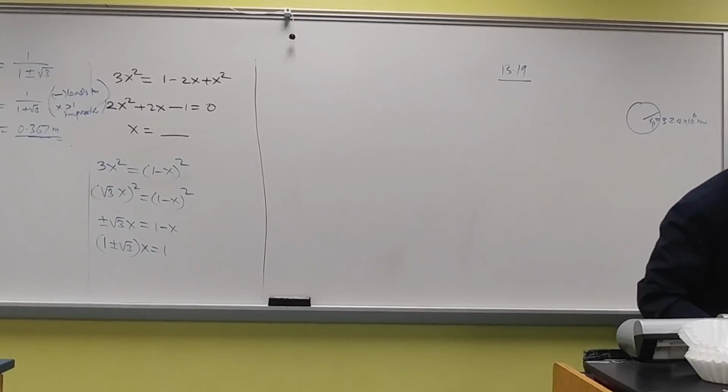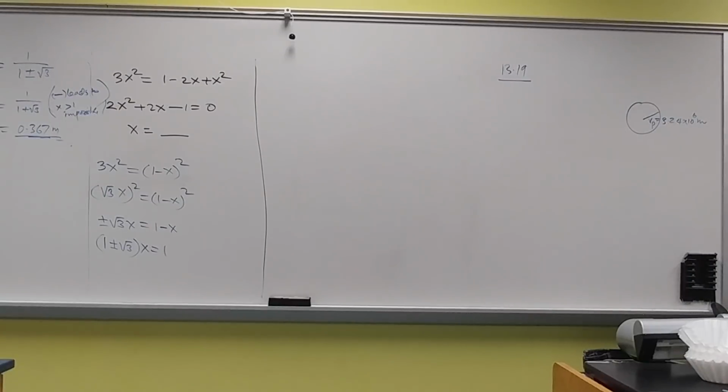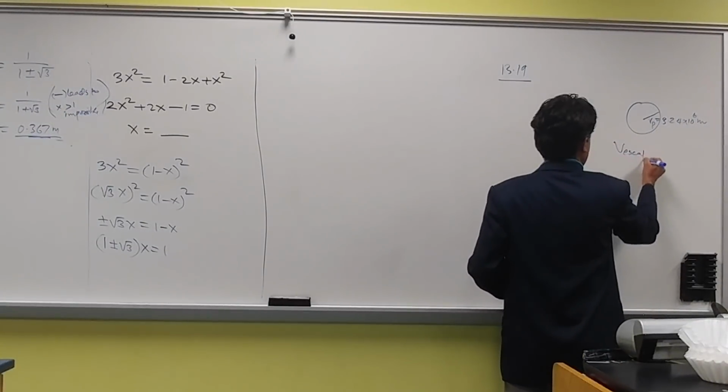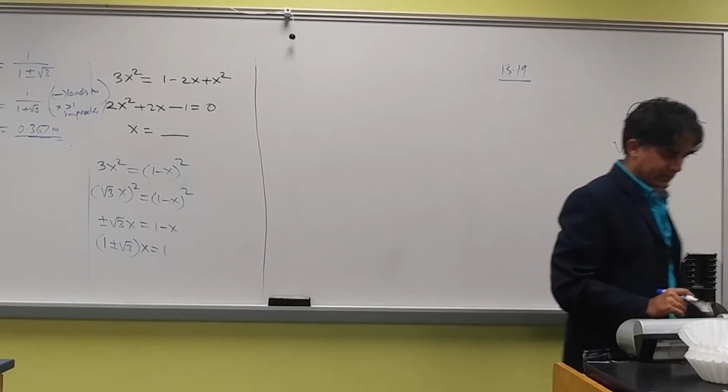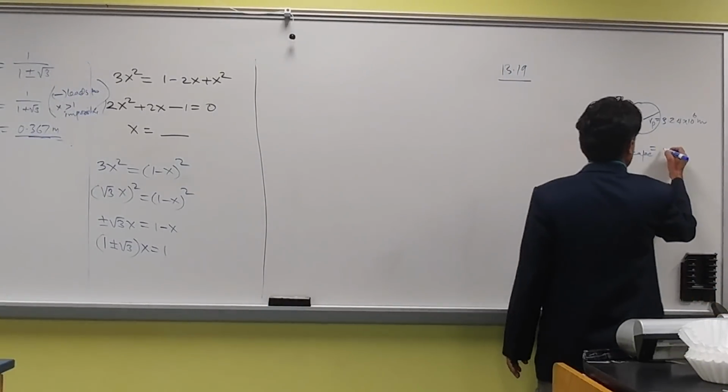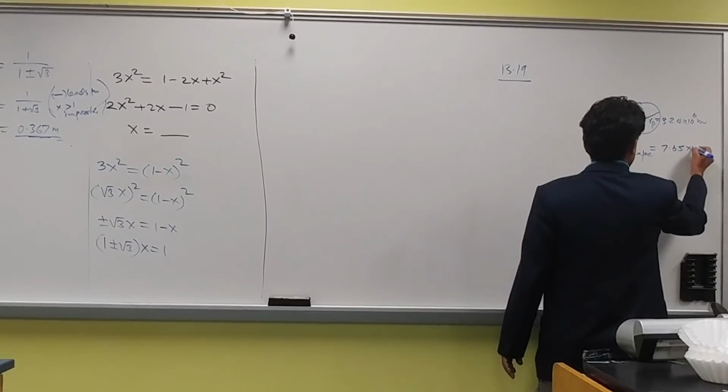Alright, this planet, and then at the escape speed of 7.65 times 10 to the third, I write here v escape. Escape speed is 7.65 times 10 to the third meters per second.